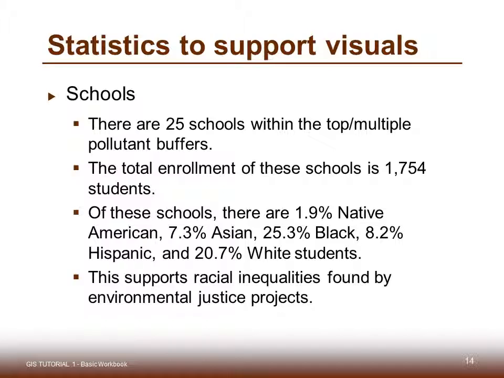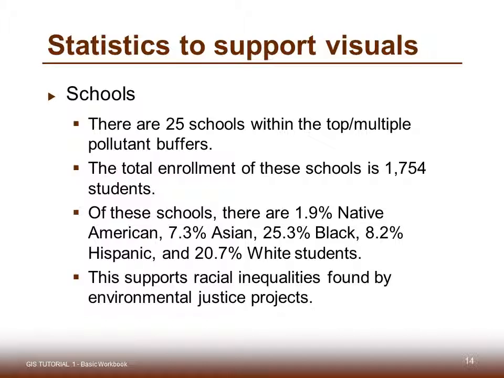In terms of schools, there are 25 schools within the top or multiple pollution buffers. The total enrollment of these schools is 1,754 students, and the ethnic makeup of this particular population shows us that it's 1.9% Native American, 7.3% Asian, 25.3% Black, 8.2% Hispanic, and 20.7% white.